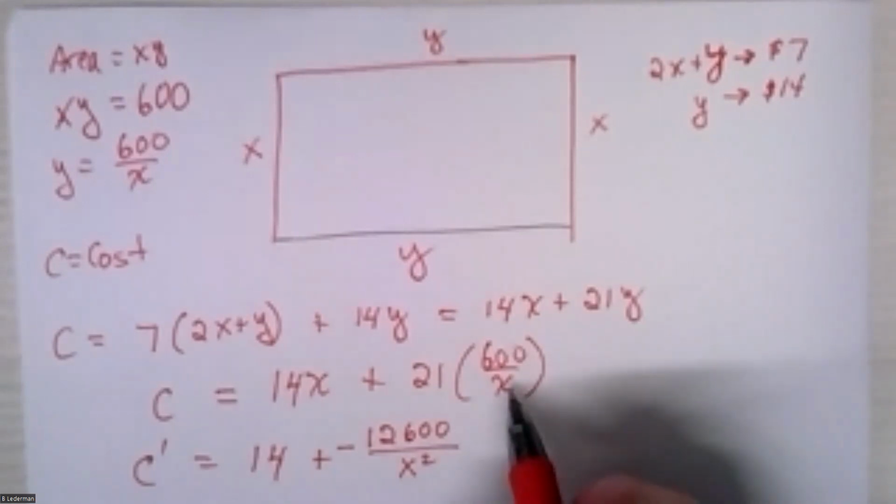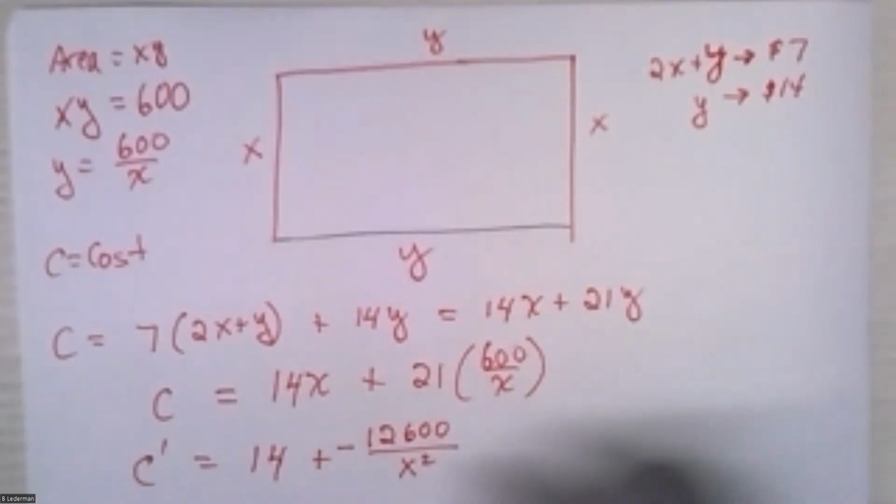The derivative of 1 over x is negative 1 over x squared, and that's an example we've seen a bunch of times.